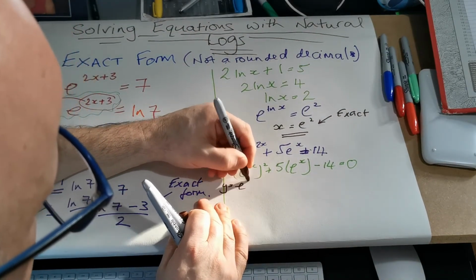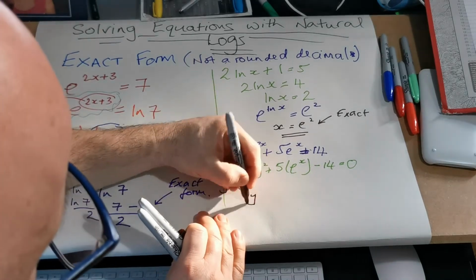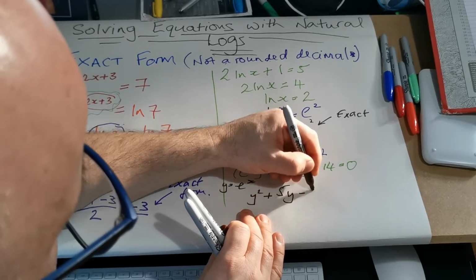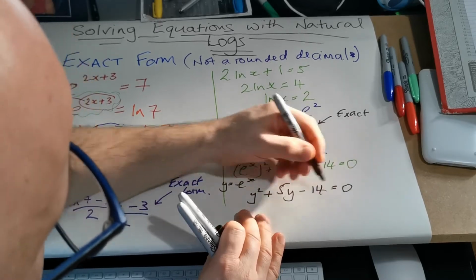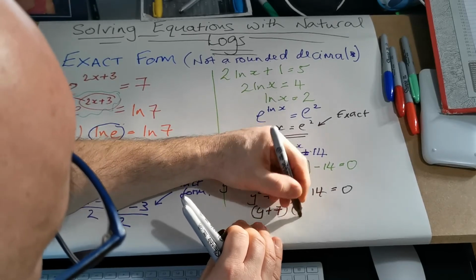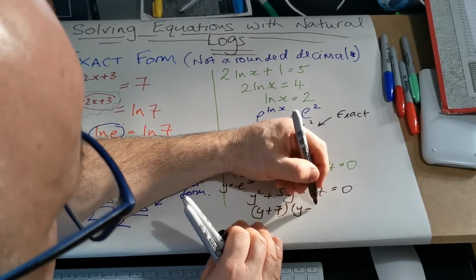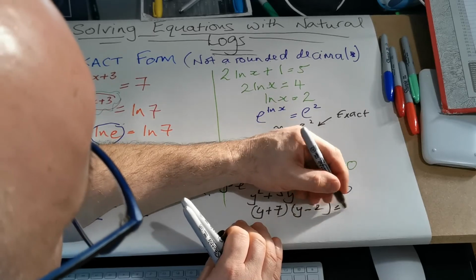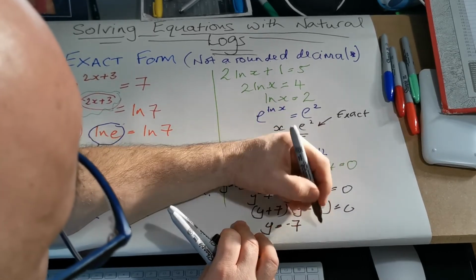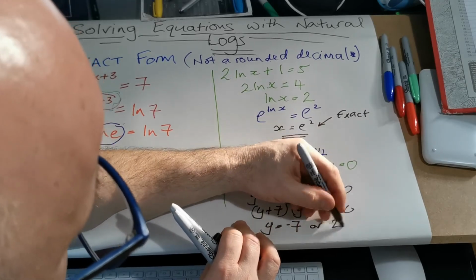Let's say y equals e to the x. So I've got y squared plus 5y minus 14 is equal to 0. So I've got y plus 7, y minus 2 is equal to 0. So y is equal to minus 7 or 2.